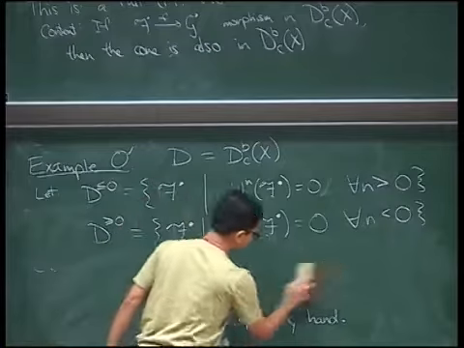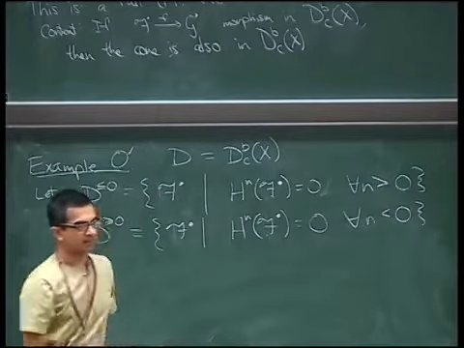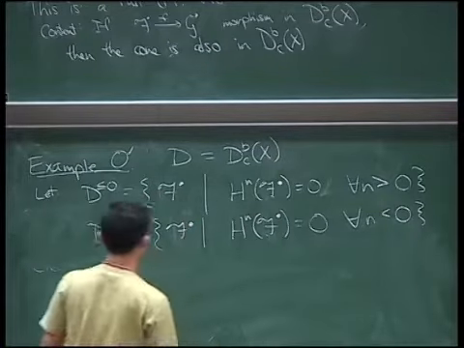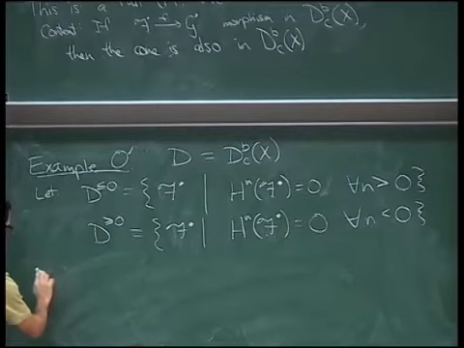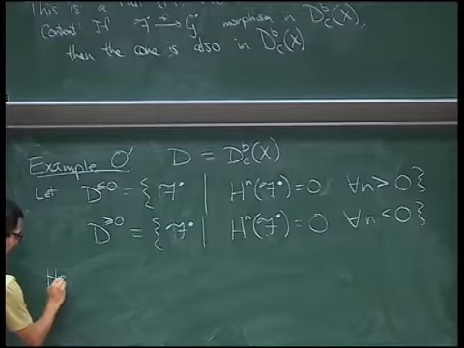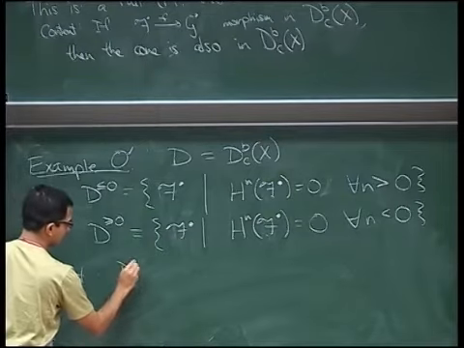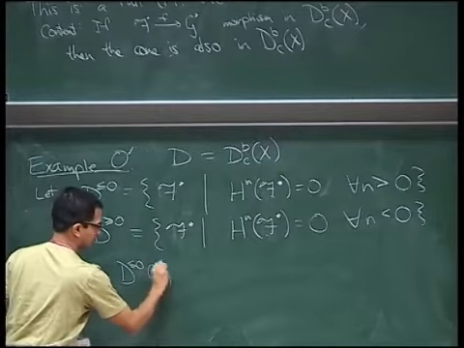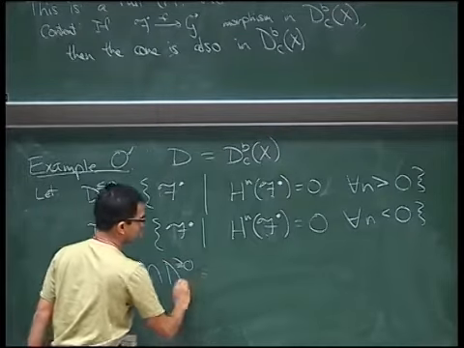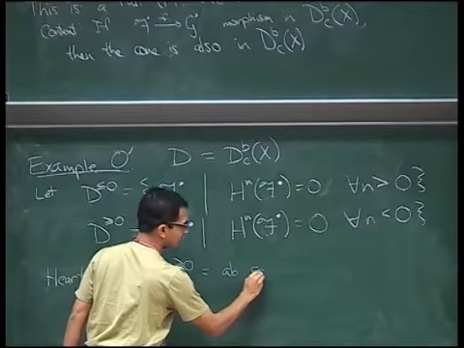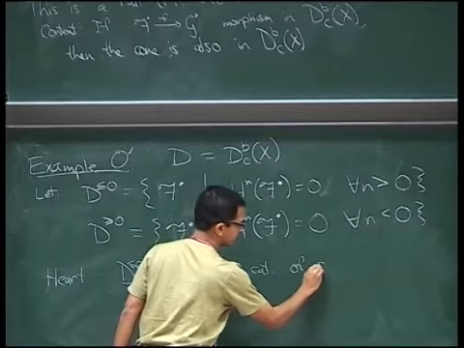So far, this example looks pretty similar to the last one, and then of course the heart of this t-structure is the abelian category of constructible sheaves.